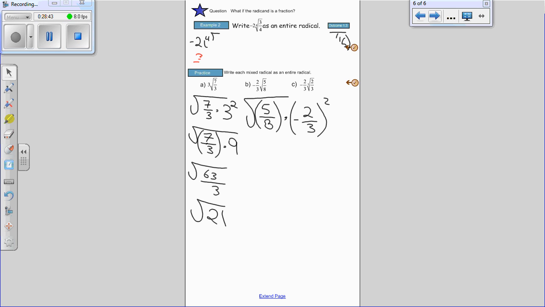Okay, so we've got the square root of 5/8 times 4/9, which means the square root of 5 times 4 is 20. 8 times 9 is 72. Do you think you should leave your answer like that, or no?